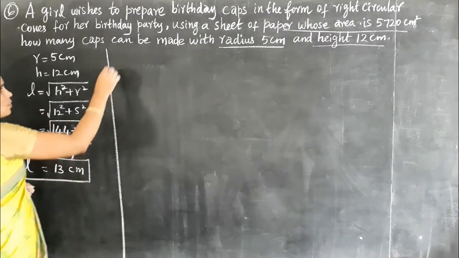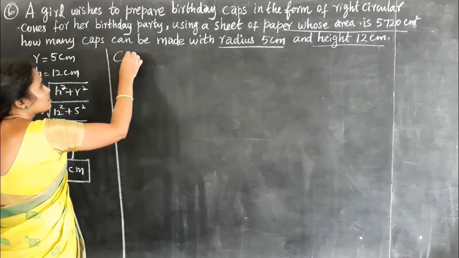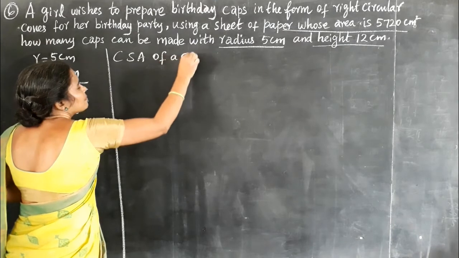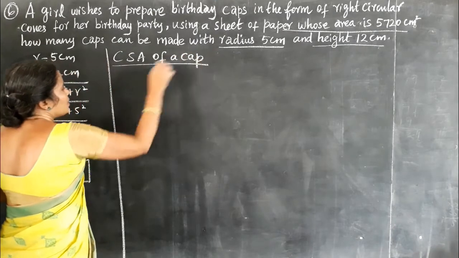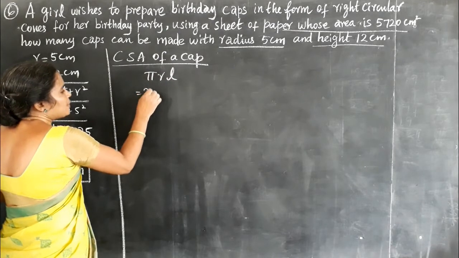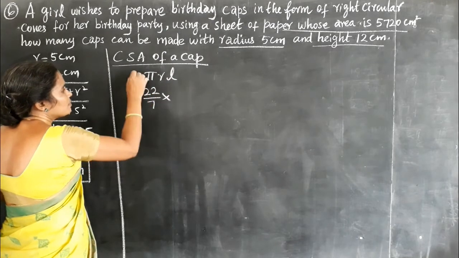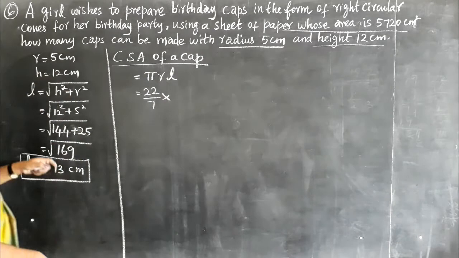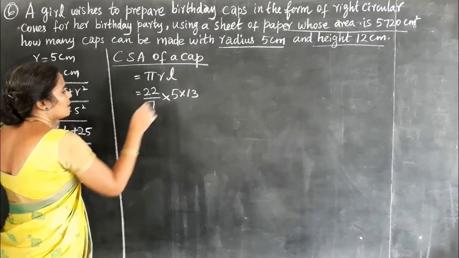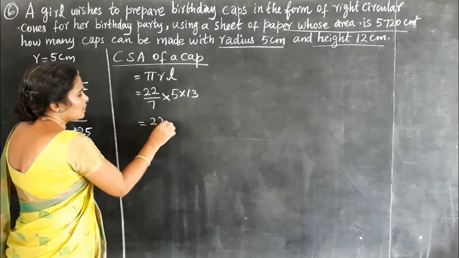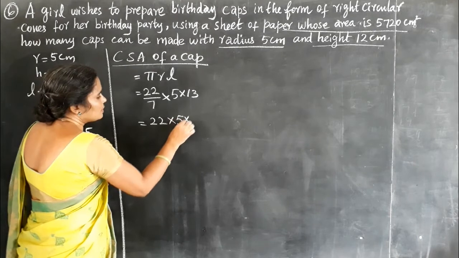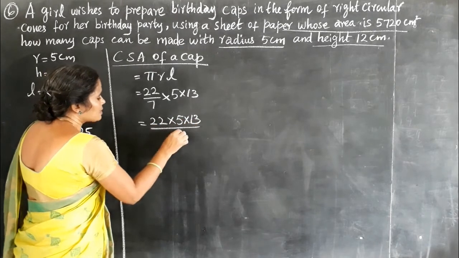Now CSA of a cap is πrL. So substitute the value 22 by 7 into R 5 and L is 13. Okay, now 22 into 5 into 13 divided by 7.